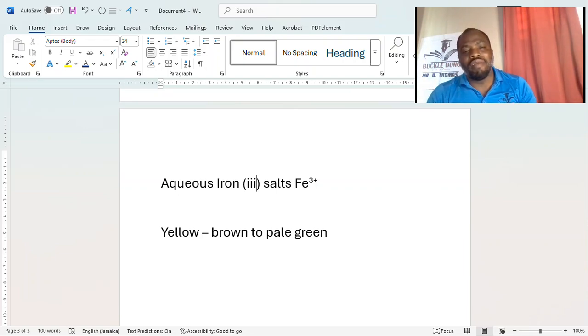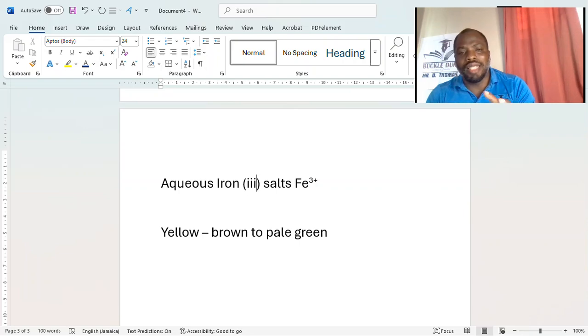The appearance of that is a yellow brownish appearance, yellow to brown. So once you have a salt that contains the iron 3 ions, it's going to have that yellow brown. And of course, you'd have used an aqueous solution because you'd have to ensure that the ions are able to move, so you dissolve it in water.